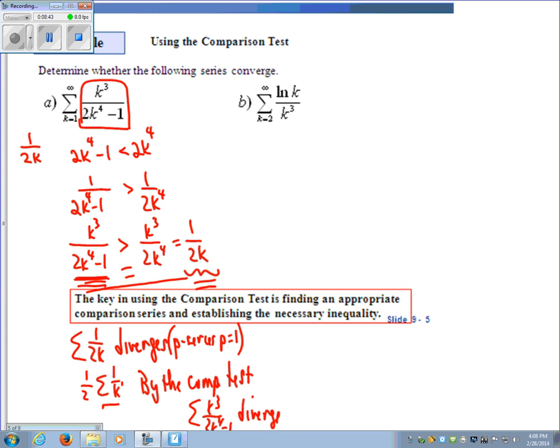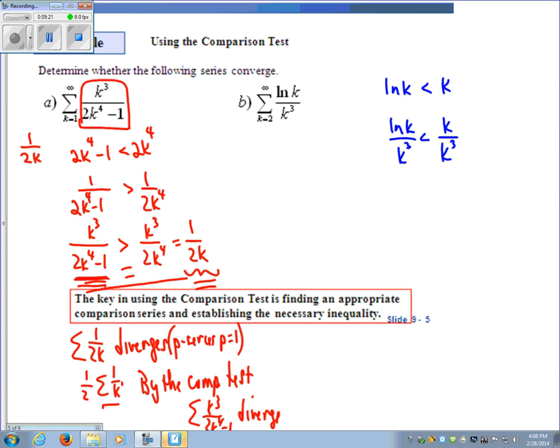Okay, the second one here has a natural log of k. I need to somehow compare that to something I know. So what I'm going to start with is a fact I know, kind of like you know sine is always between -1 and 1. Something else that I always know is natural log of k is always less than k. So that's always going to be true. If I start with that inequality, I'm going to divide both sides by k cubed, so natural log of k over k cubed is less than k over k cubed.